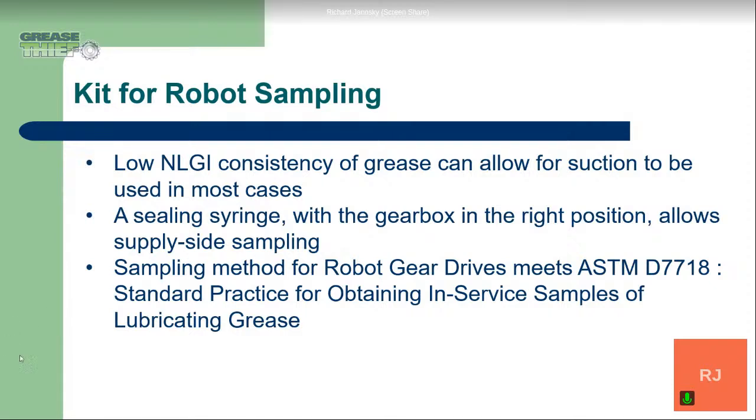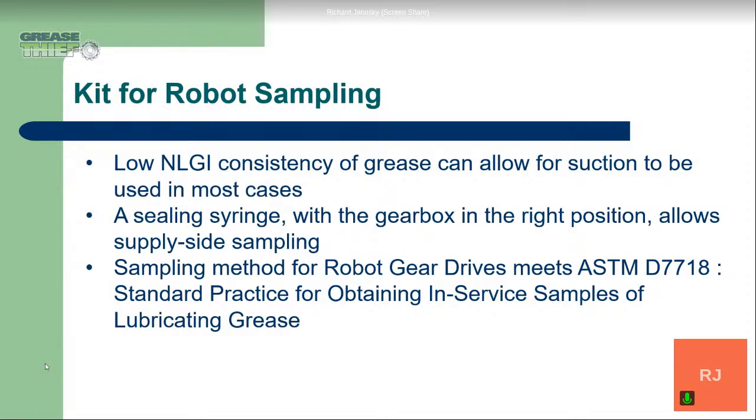It's often not possible on greases, but because of the low NLGI grade or consistency of robot greases, there are some that can be suctioned to sample, but that still is not true for all greases. It's a case-by-case basis.